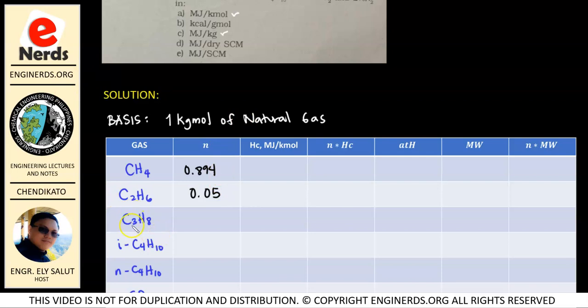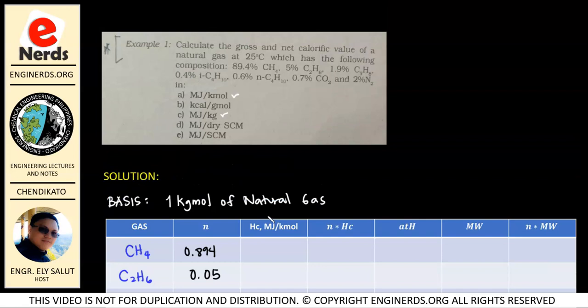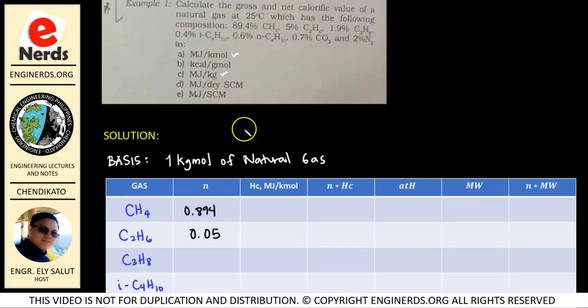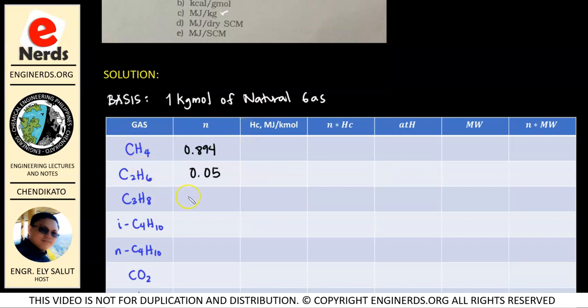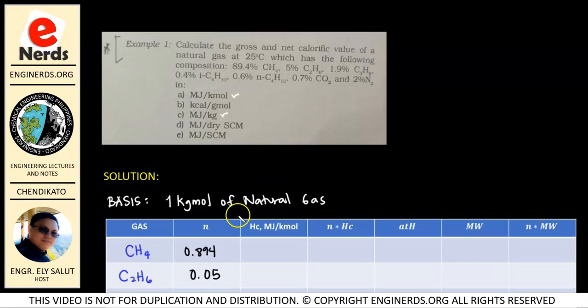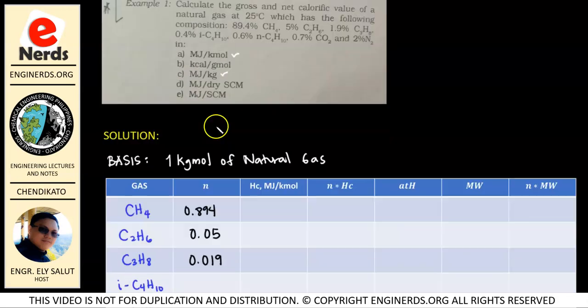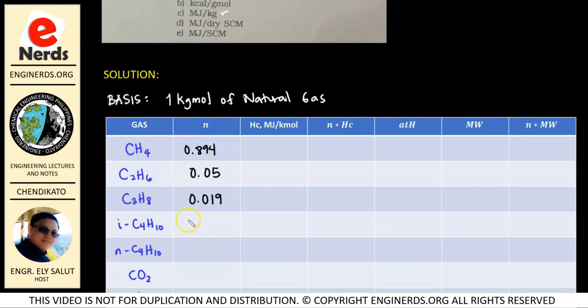Para naman sa ating C3H8, yung ating propane, our propane is 1.9%. So therefore, we have 0.019 kilogram mole. And para naman sa ating isobutane, which is IC4H10, we have 0.4%. So, therefore, we have 0.004.